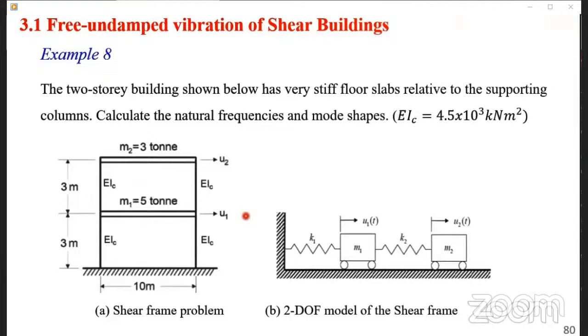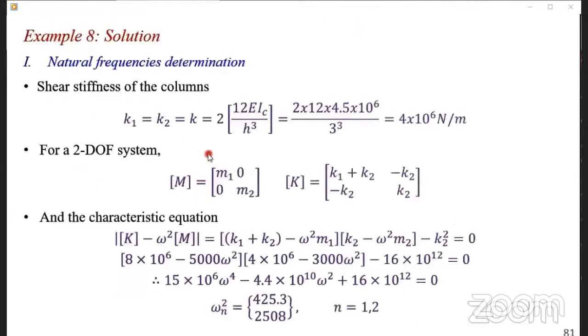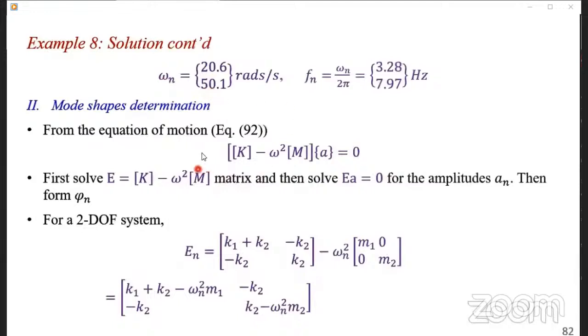Whether we apply the external force or not, the natural frequency is independent of that. The forcing function will just come to exaggerate or add to the effect. In this building, we obtained our natural frequencies, the omega n, and of course the mode shapes.